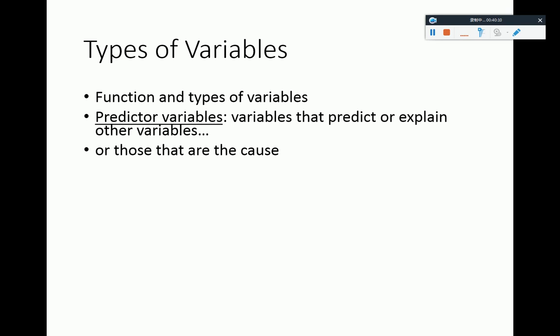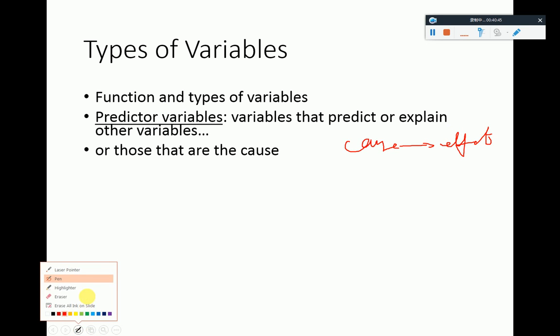In a causal relationship, we have cause and effect, a cause that results in some kind of effect. So this will also be a predictor variable, because that's the variable that predicts the effect, or explains how the effect occurs, right?